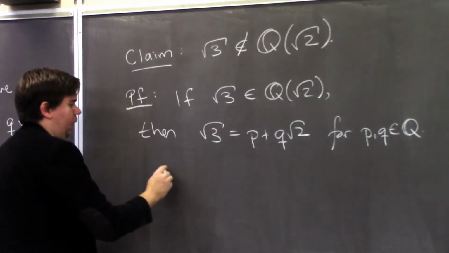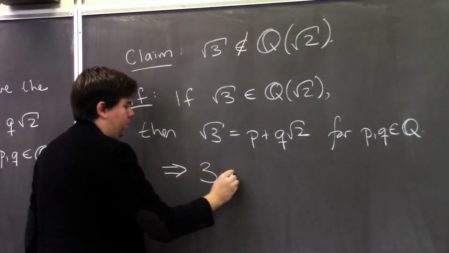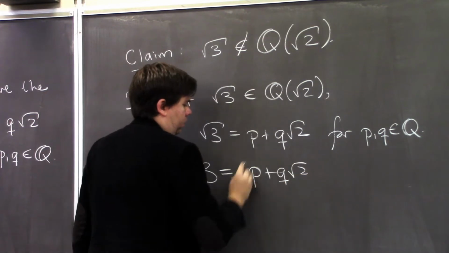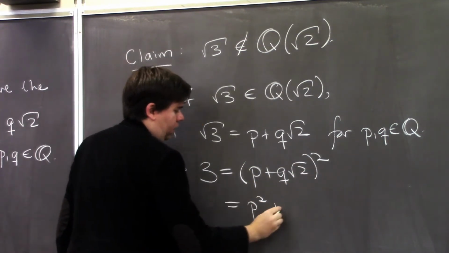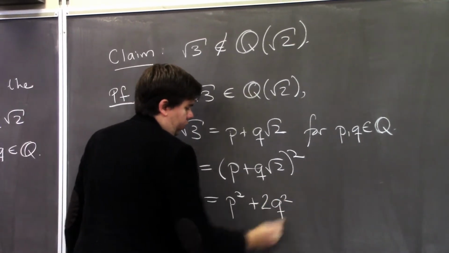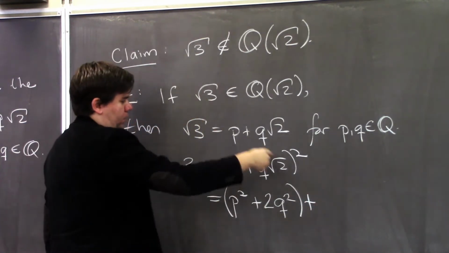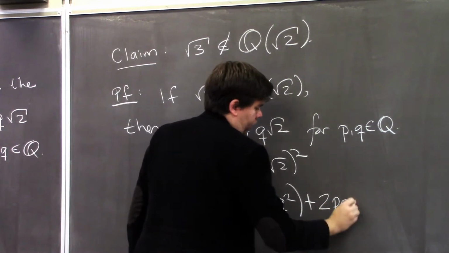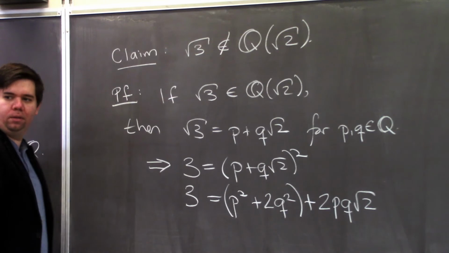Let's square both sides. So that would give you that 3 is this guy on the right squared. But that's just p squared plus this second term squared, which is 2q squared, plus 2 times the first times the second, 2pq root 2. So that's what 3 is equal to.